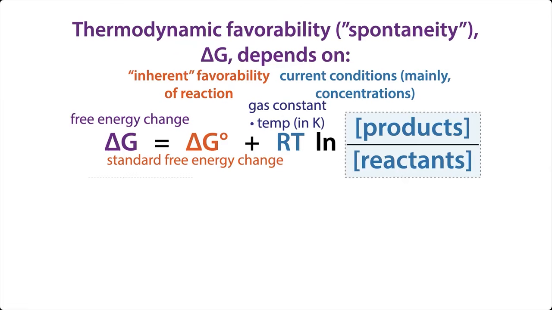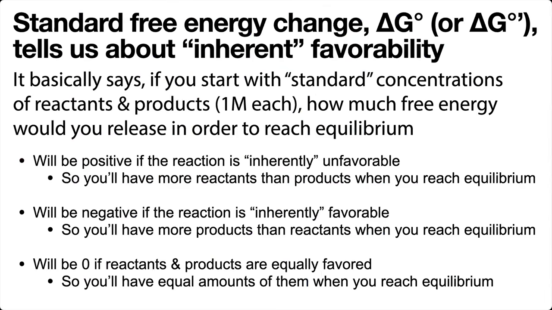The inherent favorability of a reaction comes down to entropy and enthalpy, and it can be reflected with this delta G naught, the standard free energy change. The standard free energy change is going to tell us if we start with standard conditions, so concentrations of reactants and products are 1 molar each, how much free energy would we release in order to reach equilibrium?